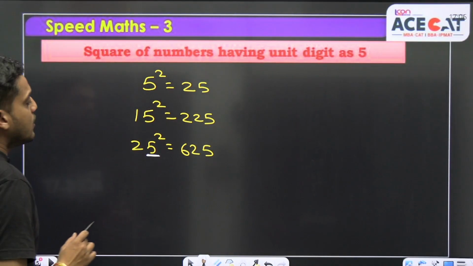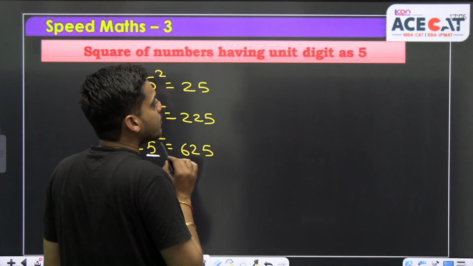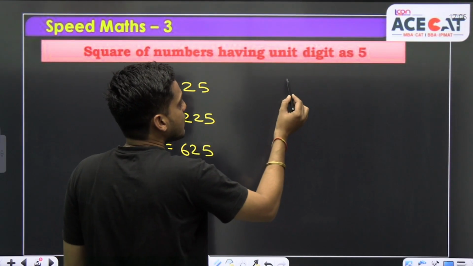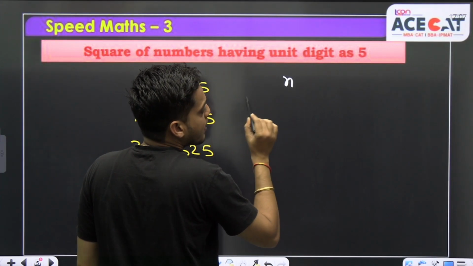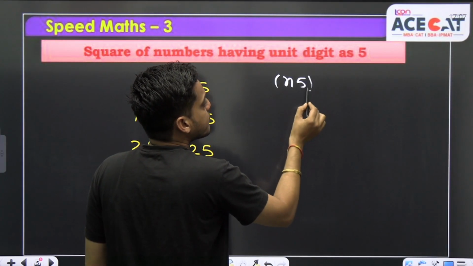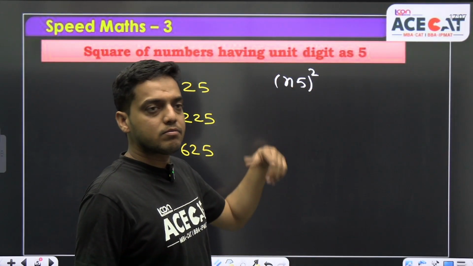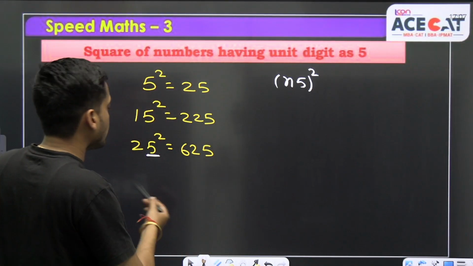Okay students, so how can we find the square? If any number is ending with 5, it means any number can be there at the tens place, but the unit place must be 5. You are finding the square of this number. This n can be 2, 3, 4, 5.